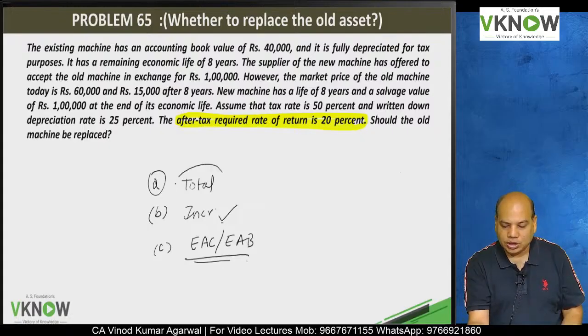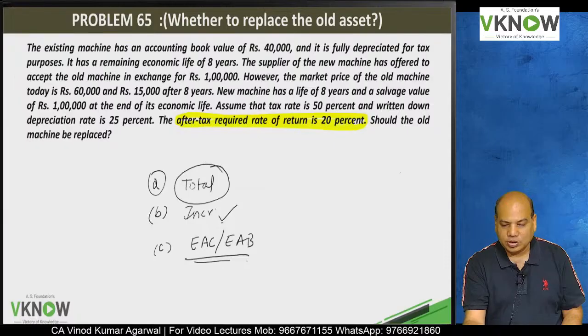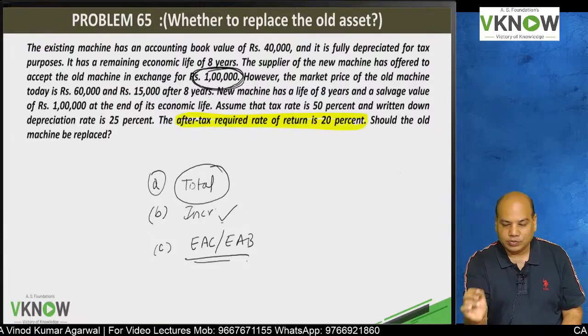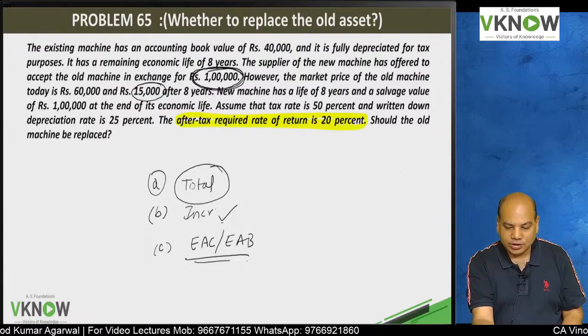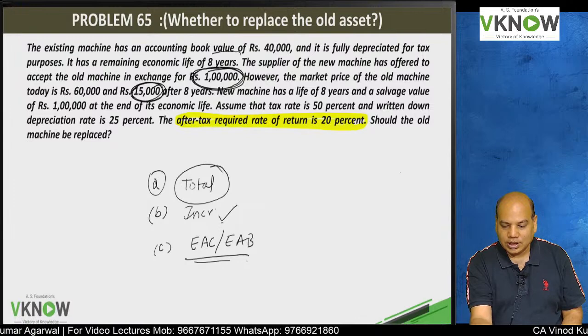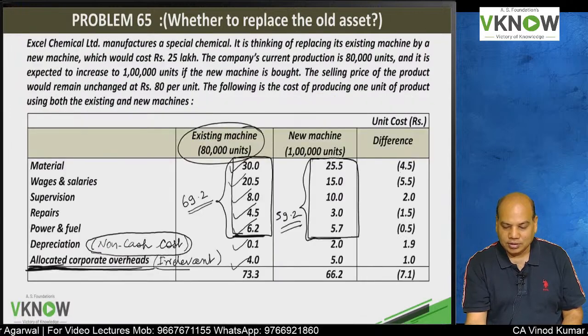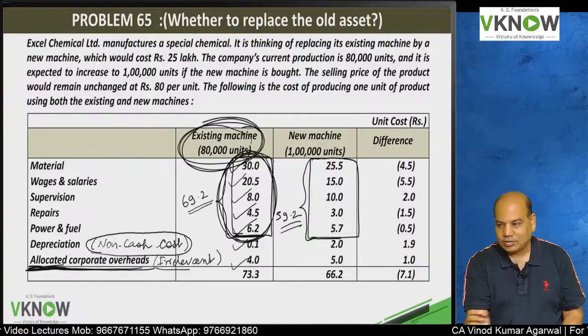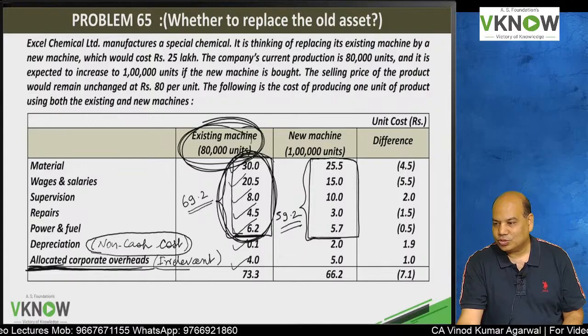In this question, honestly speaking, total approach is also possible. It is possible because you are given 1 lakh rupees, the today's opportunity value of the old machine, salvage value is given, life is given, cost is given, quantity is given to be sold.